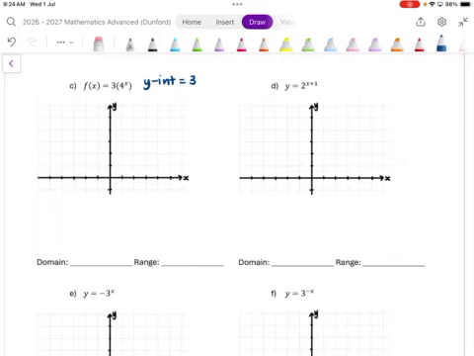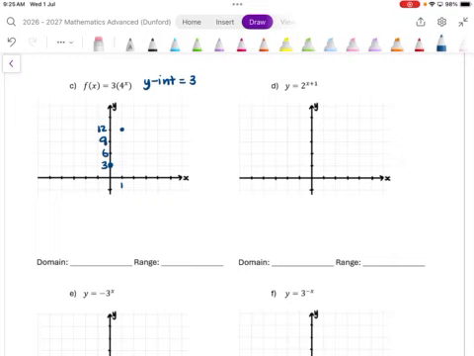Now, something we want to think about is what our value is going to be when x equals 1. So when x equals 1, what is y going to be? 3 lots of 4 to the power of 1 is 12. So when x equals 1, we want 12. So we can go up 3, 6, 9, 12 and have our point there, and have our point on our y-intercept at 3.